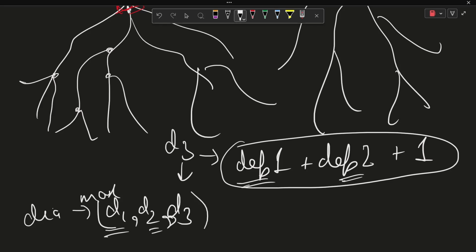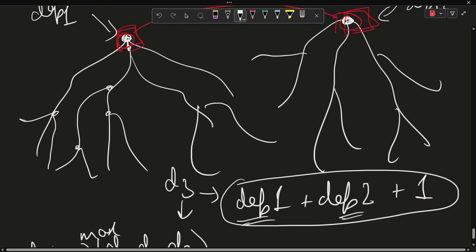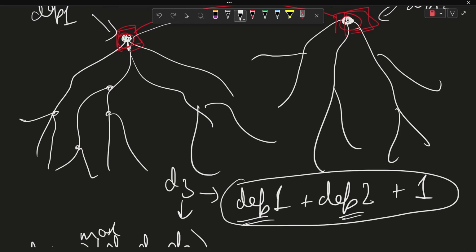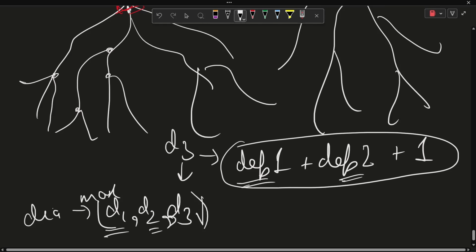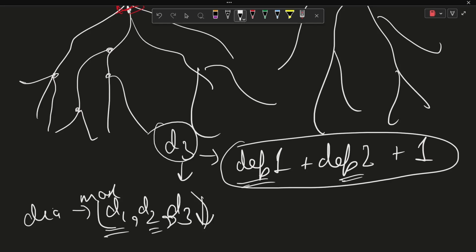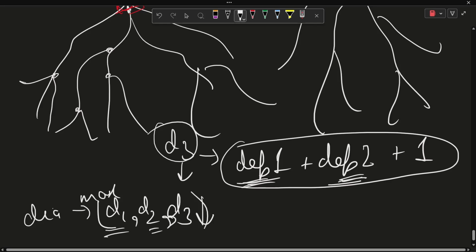The only thing you can change is deciding two such nodes so that when you connect them, you can reduce D3. So you need to basically minimize D3, and D3 is the combination of depth 1 plus depth 2. So you need to minimize depth 1 and depth 2.